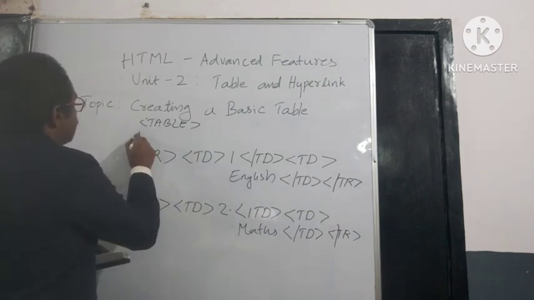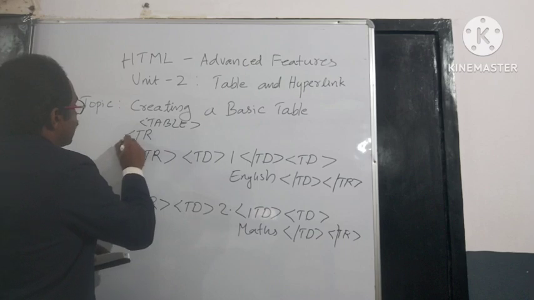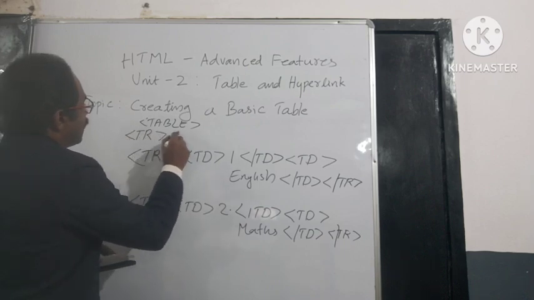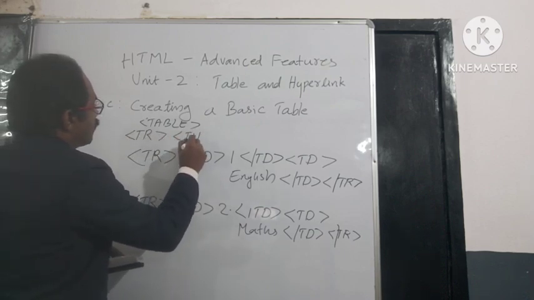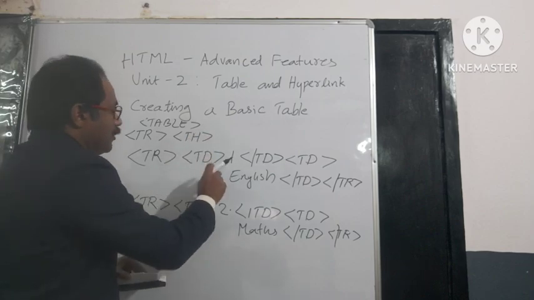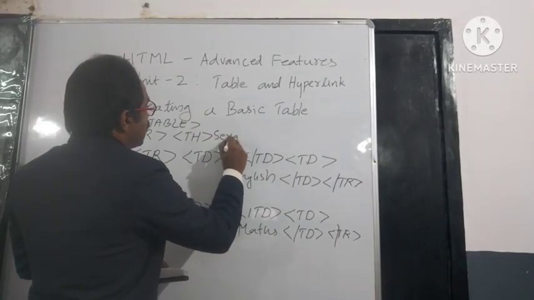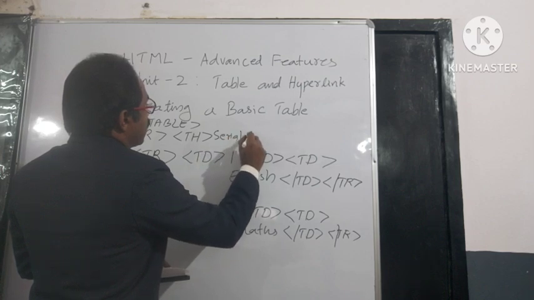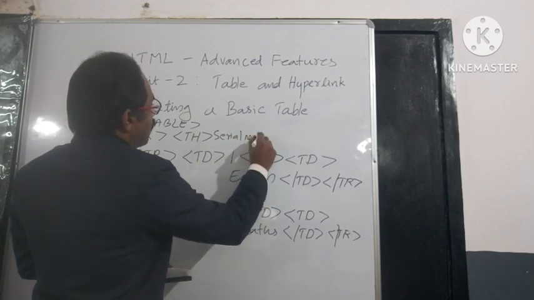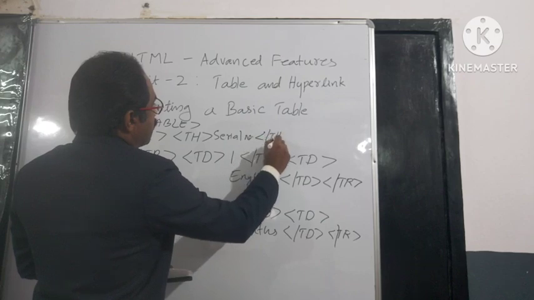We have to create a row. In that row we have to give the heading, th tag. Now this is the 1, 2, 3 serial number, so we can give the heading serial number. Now after that we have to close the th tag.